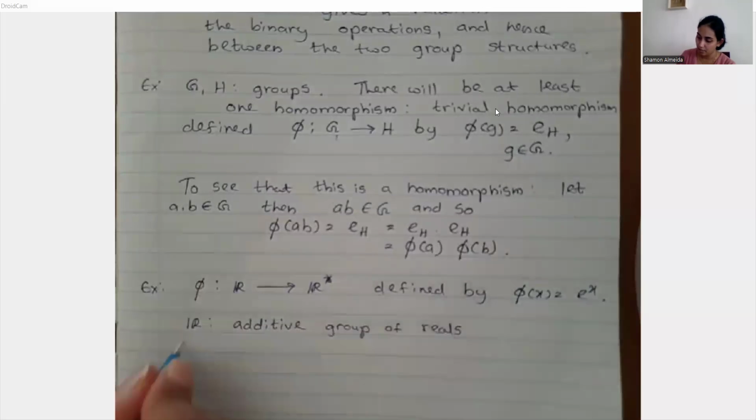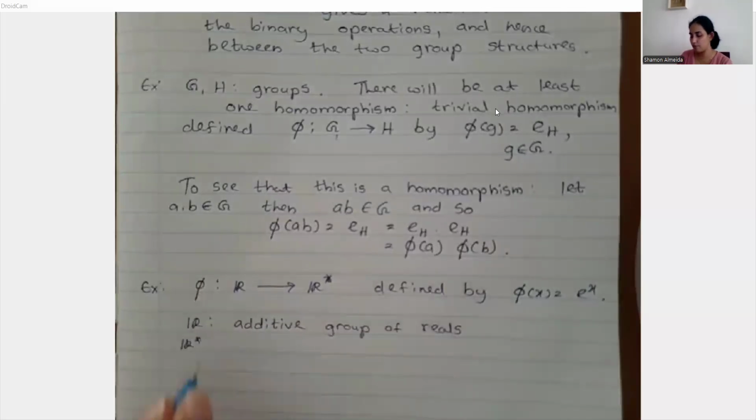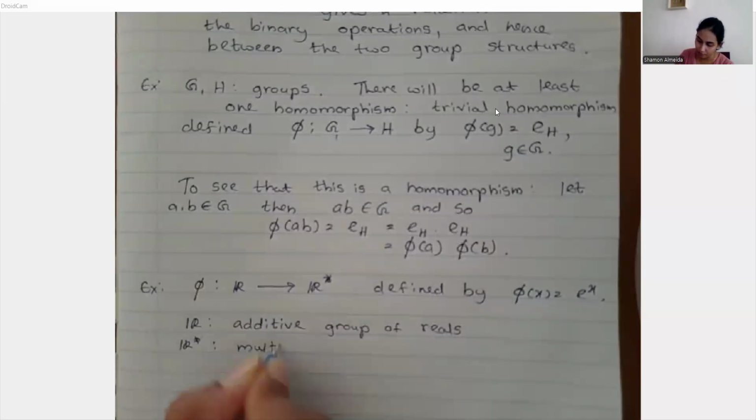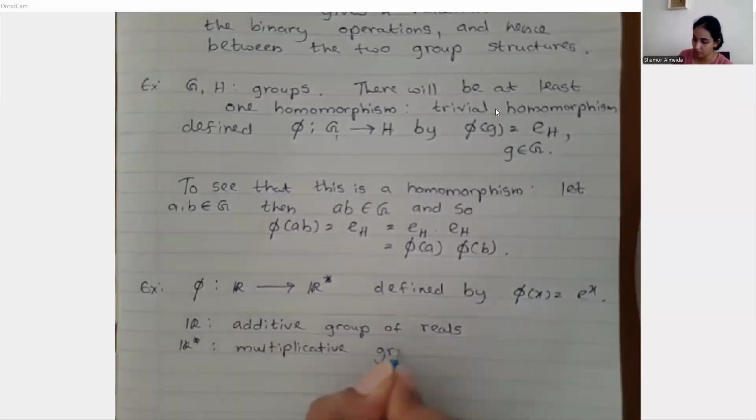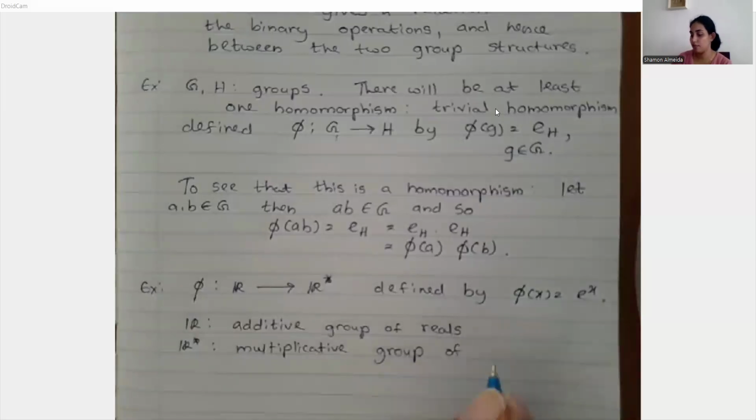We usually write R with the multiplication sign. This is the multiplicative group of positive real numbers. So we don't have any negatives or zero, simply positive real numbers.